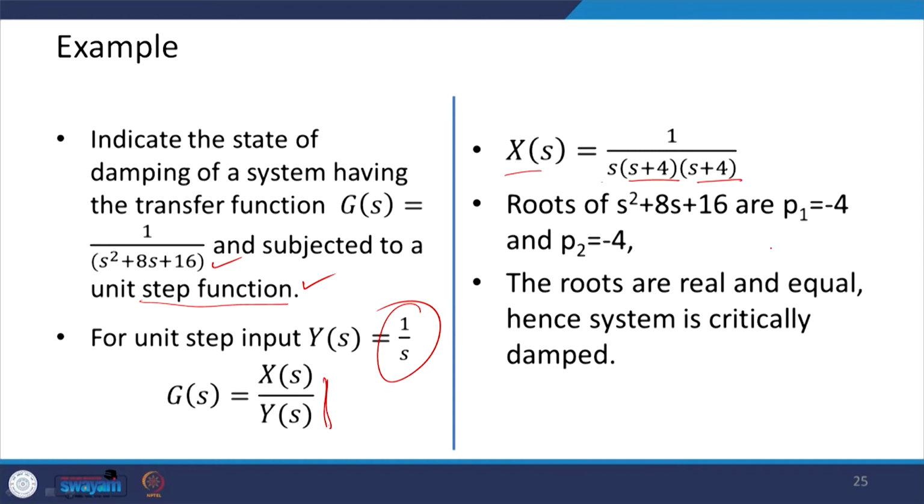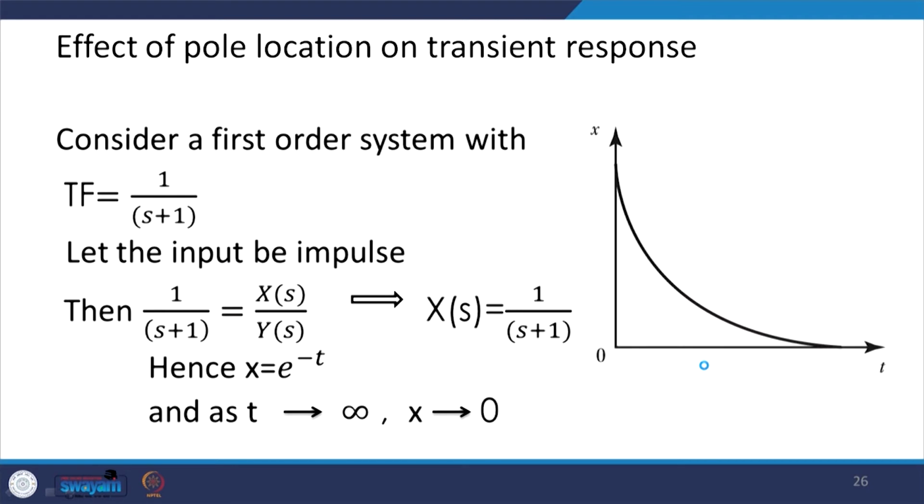So, your X(s) is basically 1 by s and you can see that this is (s plus 4) times (s plus 4) basically. In this case your roots are going to be equal. So, the roots are real and equal and hence the system is critically damped. This way we can tell the behavior of the system.